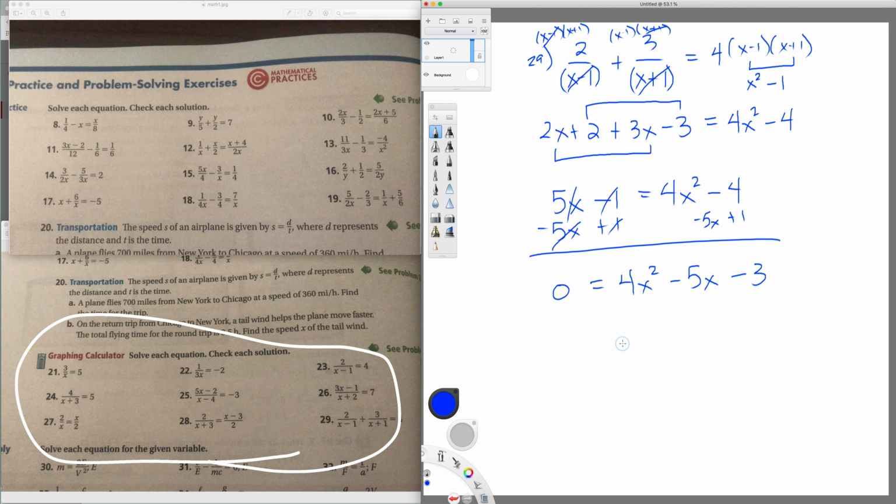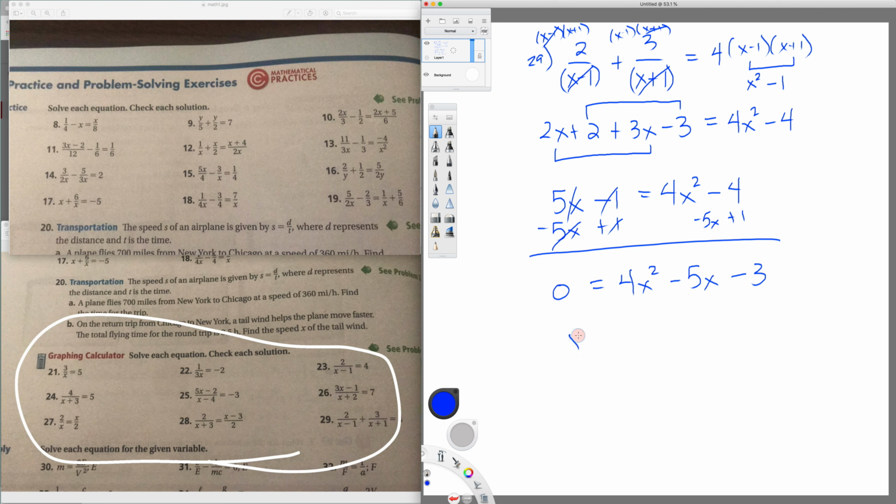And this may or may not factor. It could be horrible. Let's see. b squared minus 4ac. So what is that? 25 minus 4 times negative 3. Hey, that's horrible.